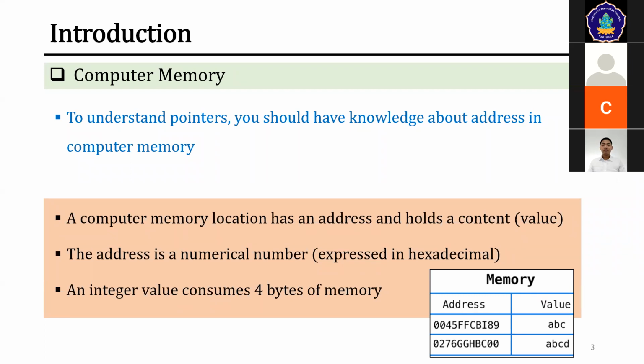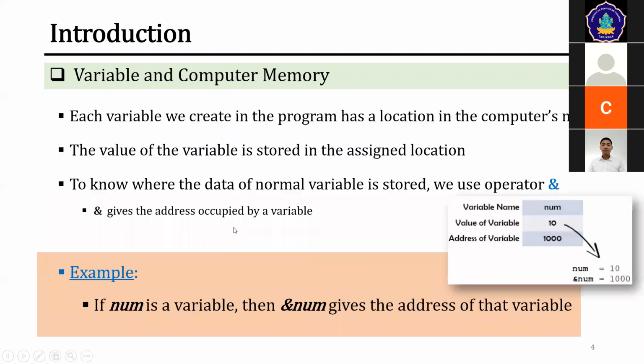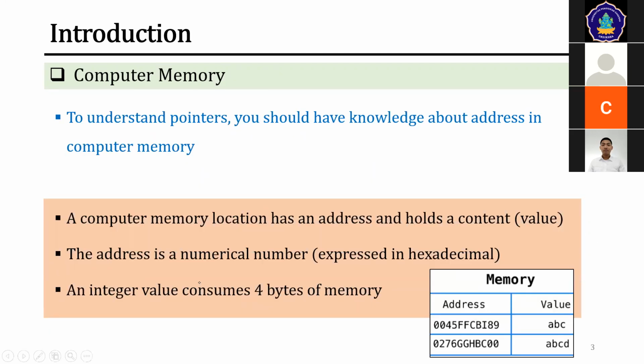We will talk about the computer memory address. Okay? And this is the important part. Before we can understand pointers well, we should know about the memory address. So a computer memory location actually has what we call an address, and that particular address stores content.